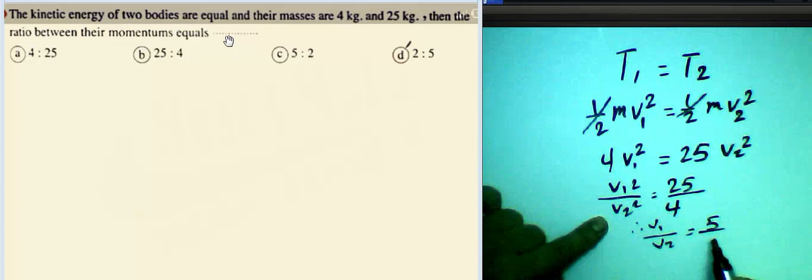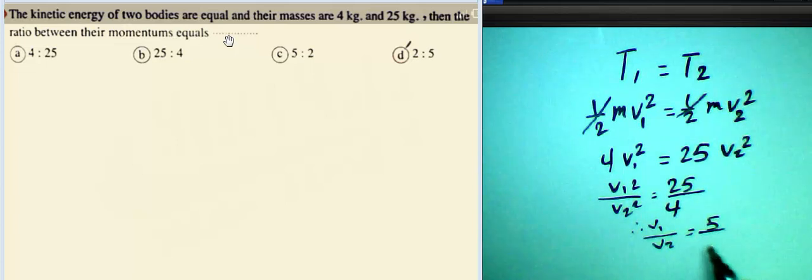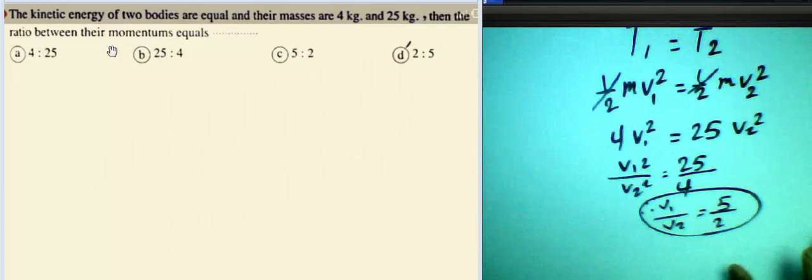You want to find the ratio between their momentum. We want to find momentum. It means m multiplication by v.